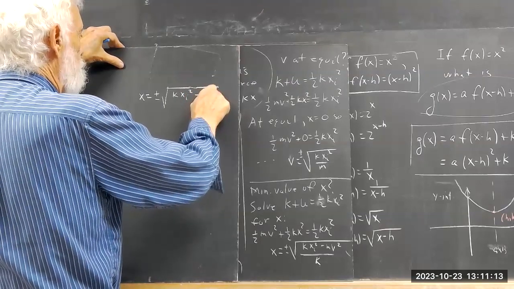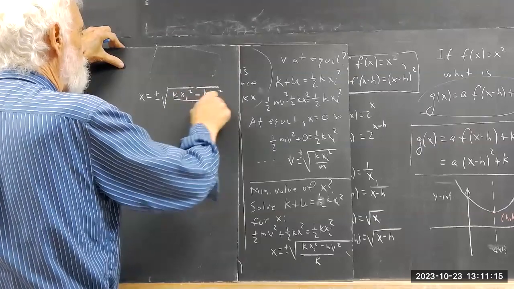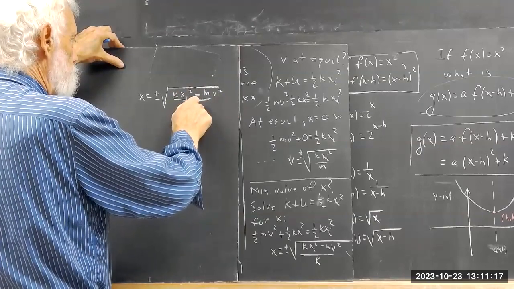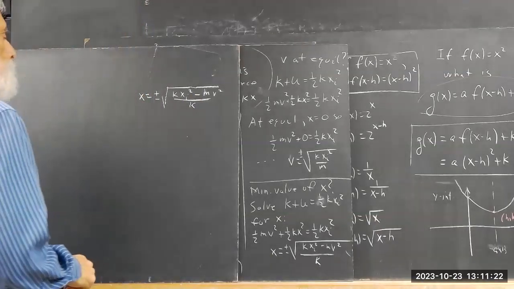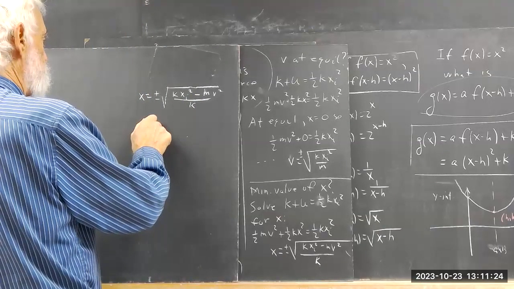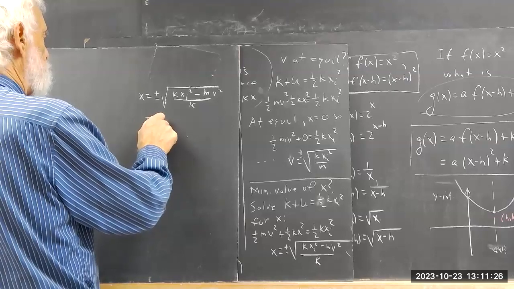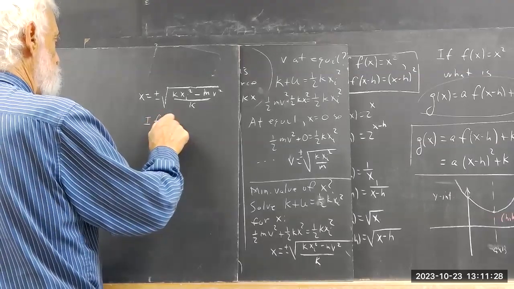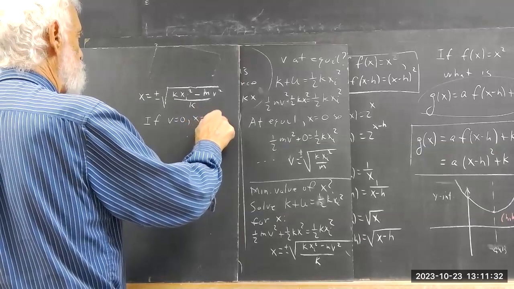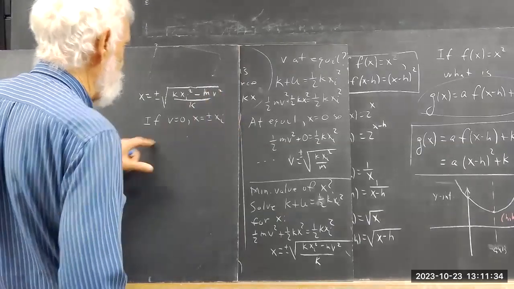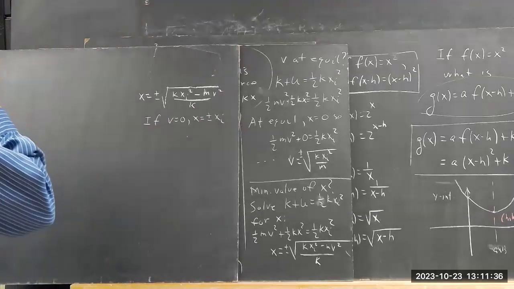Can't write in these parts without wanting to write one half. Right here we have this. V equals 0, X equals plus or minus xi.